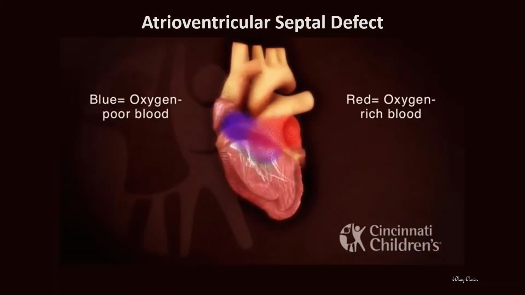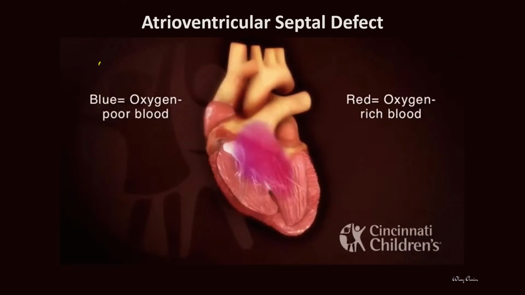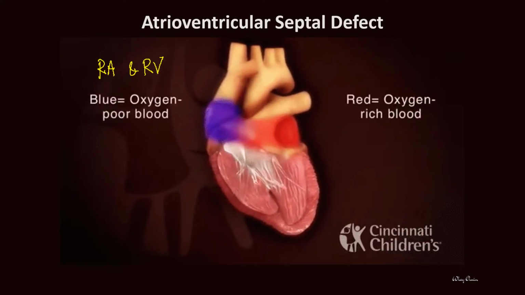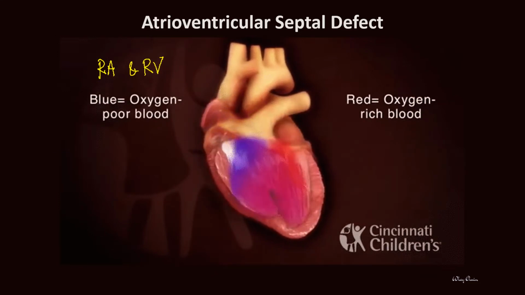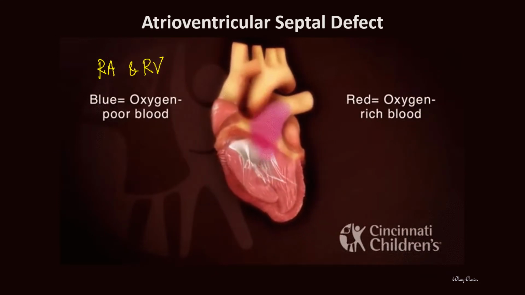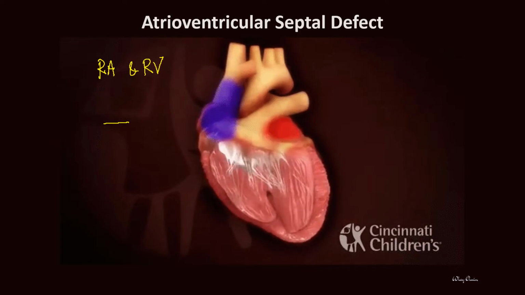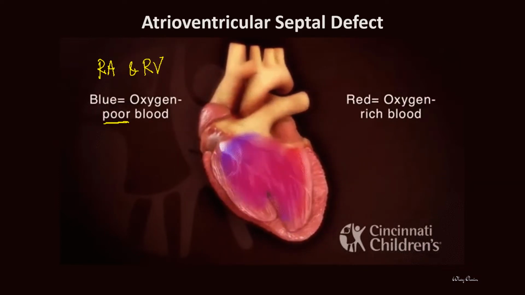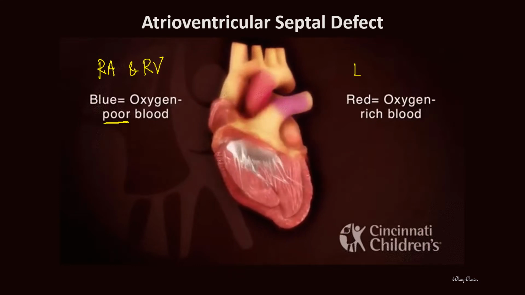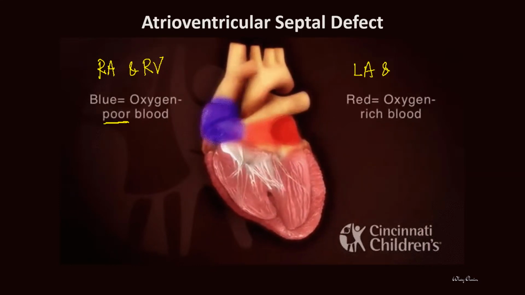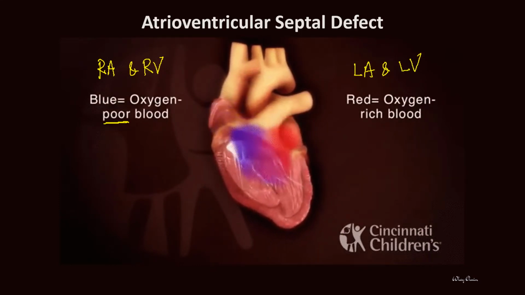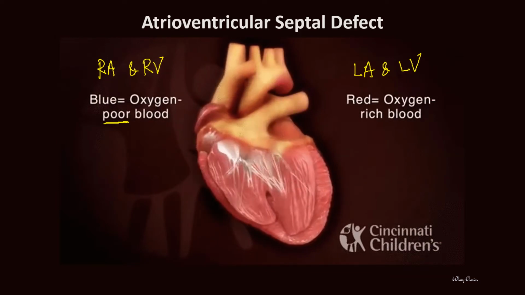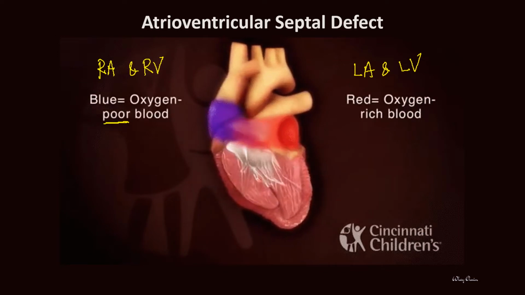The right side of the heart, which includes the right atrium and the right ventricle, transports the deoxygenated blood, which means the blood with low partial pressure of oxygen. However, the left side of the heart, which includes the left atrium and the left ventricle, transports the oxygenated blood, which is the blood with higher partial pressure of oxygen.